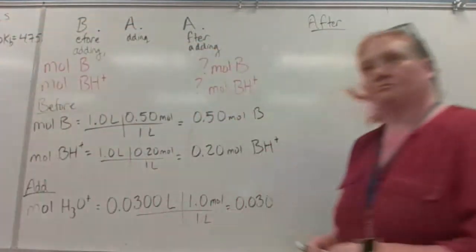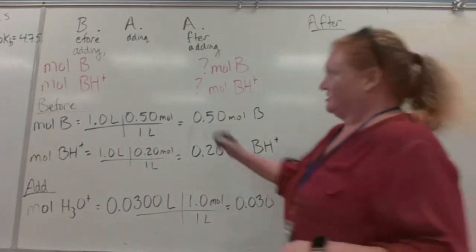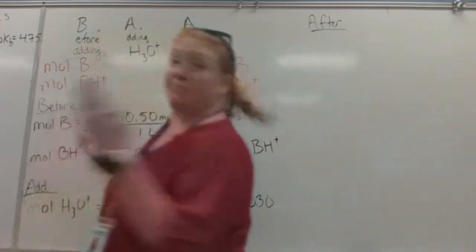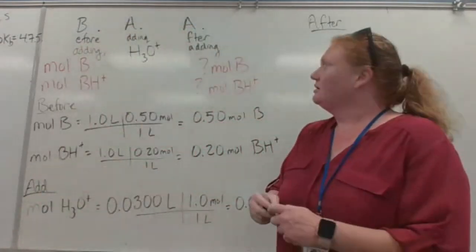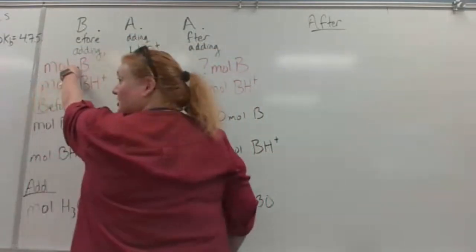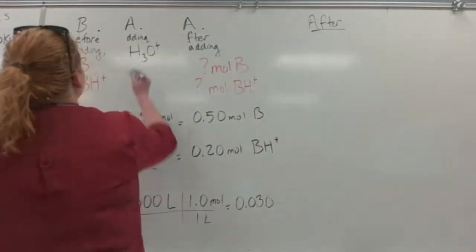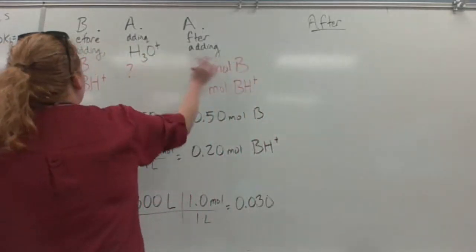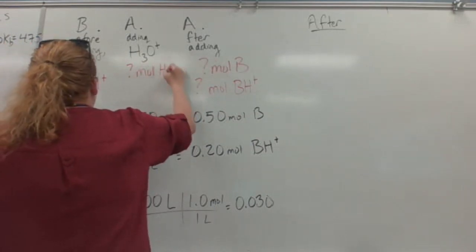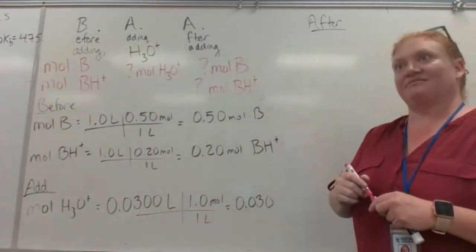And it'll be less B and more HB. So when we add acid to this base buffer, the B, our weak base, is what is going to attack that. And so we end up with less weak base, but more conjugate acid.